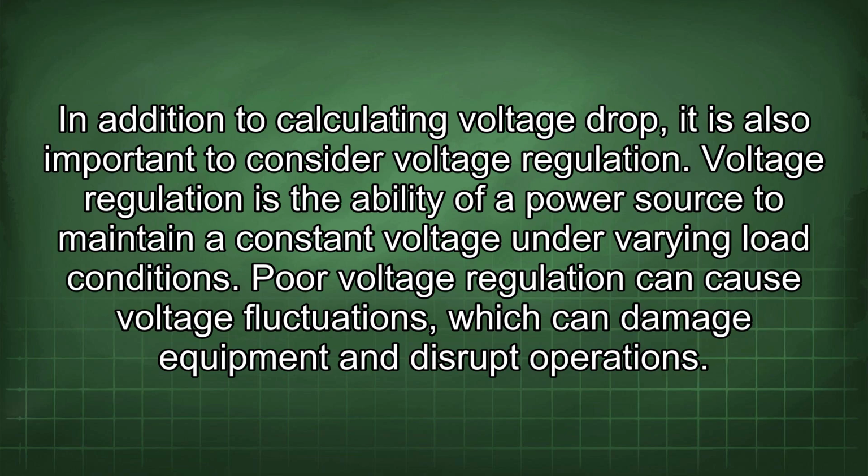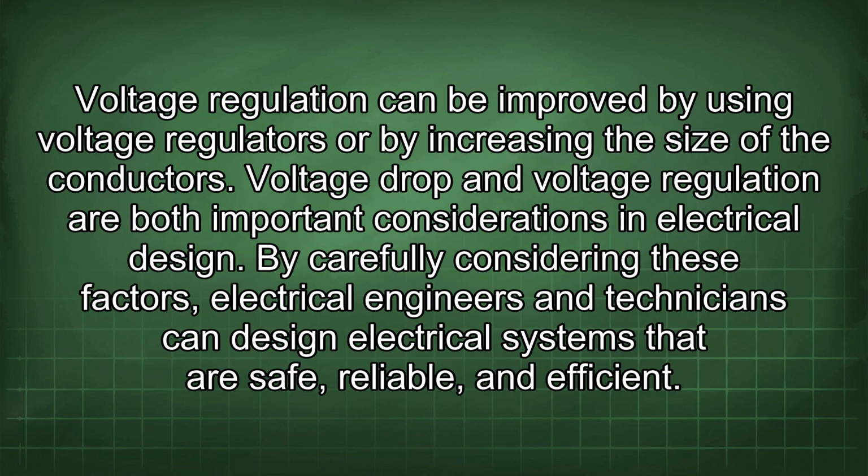Voltage regulation is the ability of a power source to maintain a constant voltage under varying load conditions. Poor voltage regulation can cause voltage fluctuations, which can damage equipment and disrupt operations. Voltage regulation can be improved by using voltage regulators or by increasing the size of the conductors.